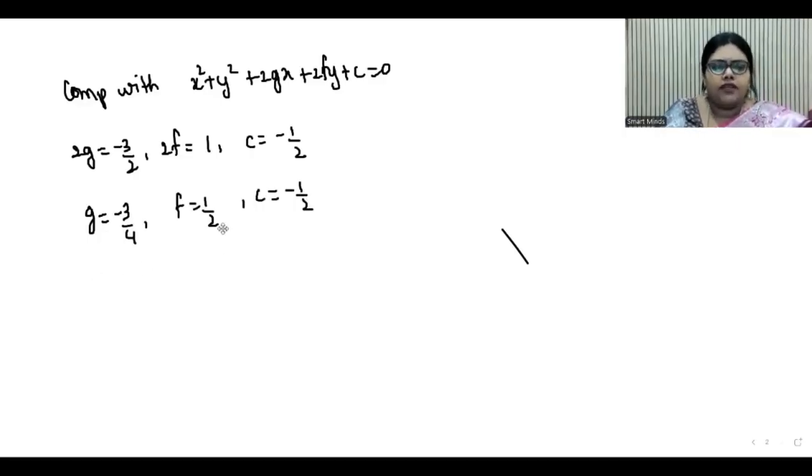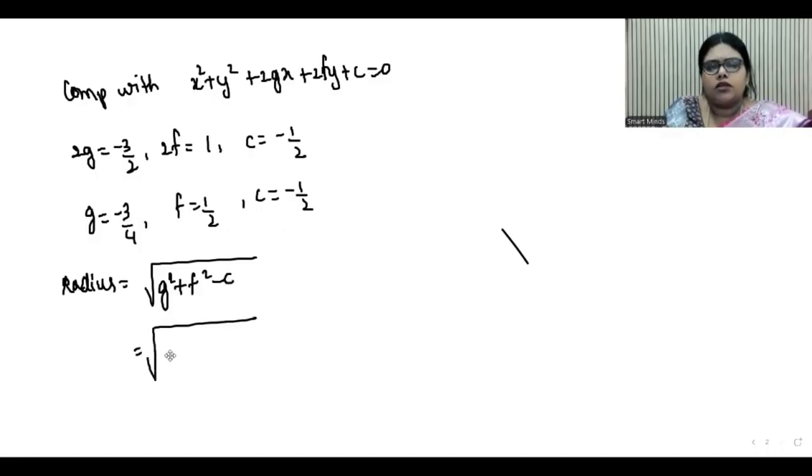Now, after getting this, we will find out the radius. What is the formula for radius? Root over g square plus f square minus c. That is root over 9 by 16 plus 1 by 4 plus 1 by 2.